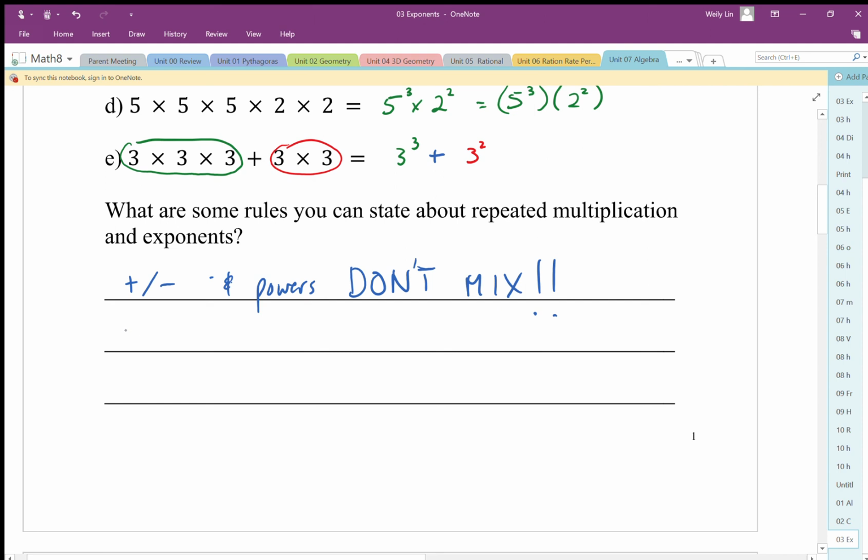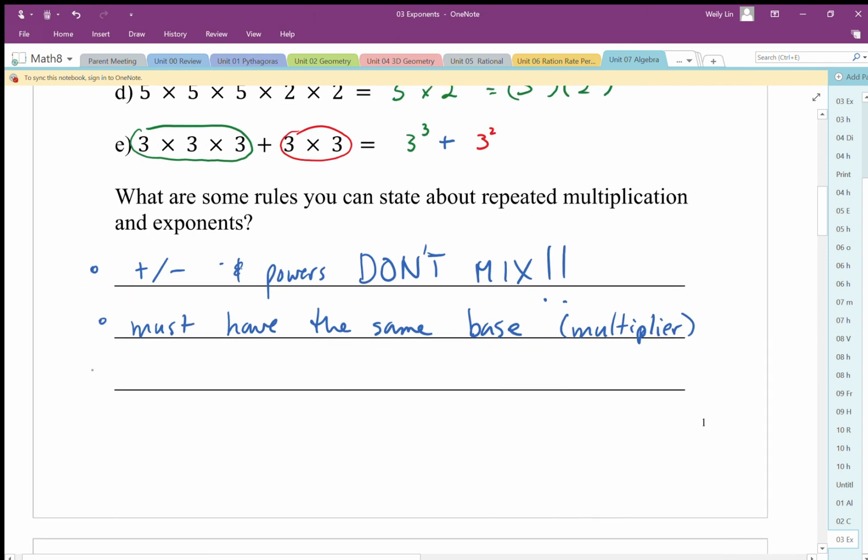With repeated multiplication, we must have the same base, or multiplier. Okay, so those are a couple points. We cannot combine different multipliers. I'm going to say bases.